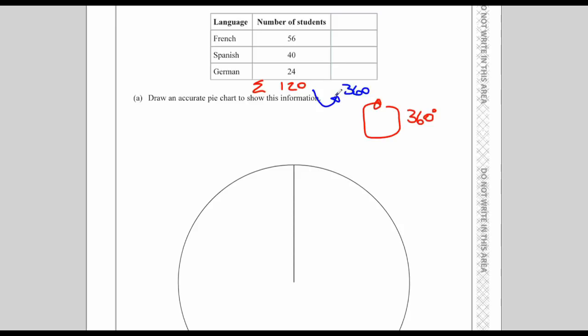So, like before, we want to go from 120 to 360, and we can do that by multiplying by 3. Easy one first: 40 times 3 is 120. 24 times 3 is a bit trickier.